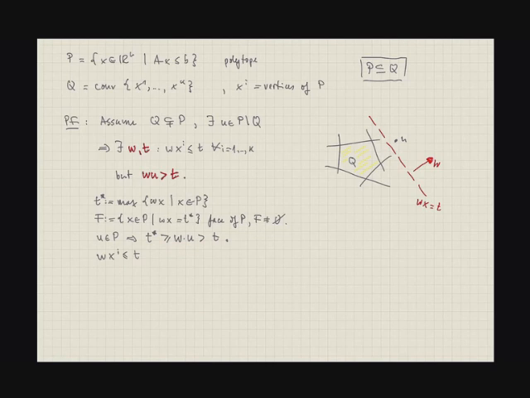So that is true for all the vertices, for all i from 1 up to k. None of the vertices can achieve a value larger than T, and T is smaller than T star.